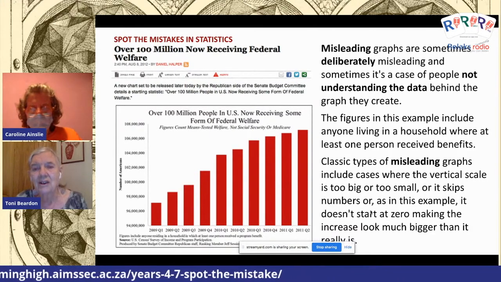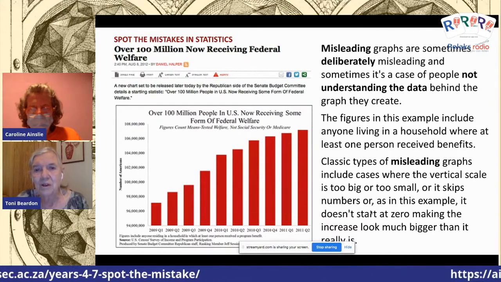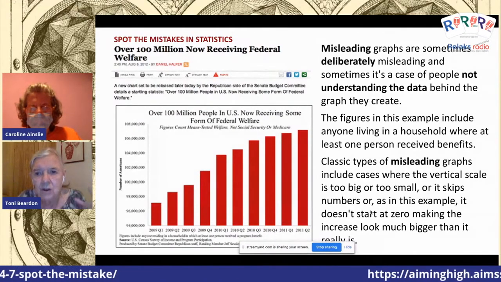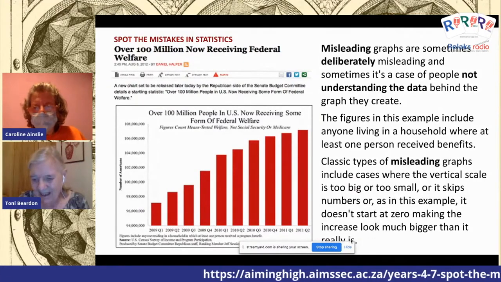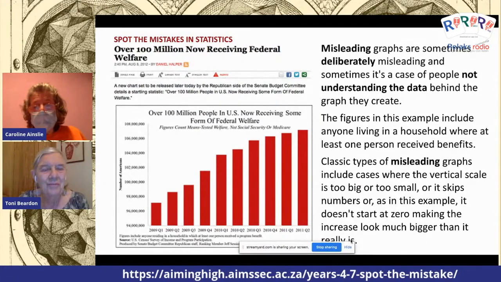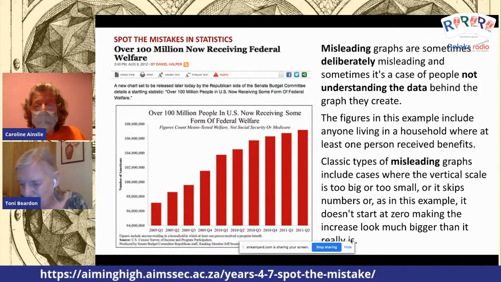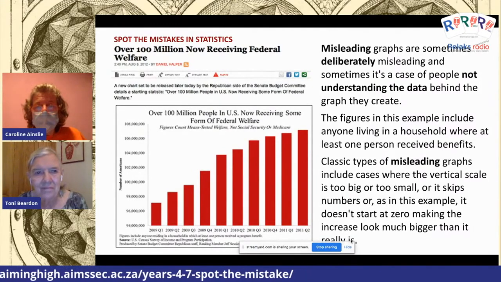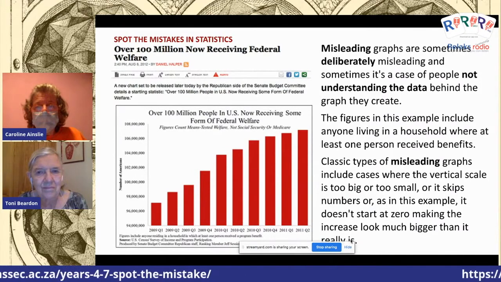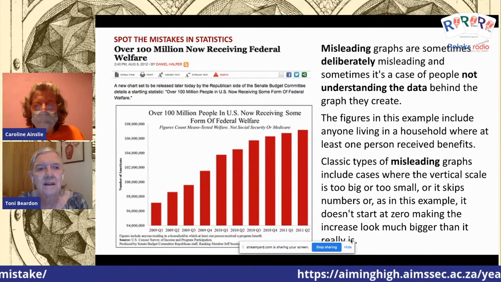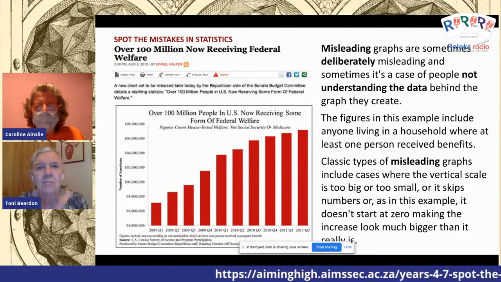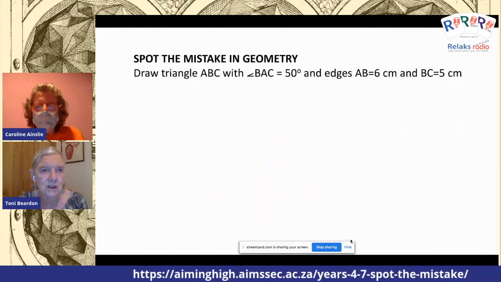They can actually use their minds to be critical and not be hoodwinked. Okay. Well, the better you are at maths, the better you are at statistics, the less likely you are to be hoodwinked. Hey, that's a great life skill. We could spend not just 1 hour, but many hours on mistakes in statistics.